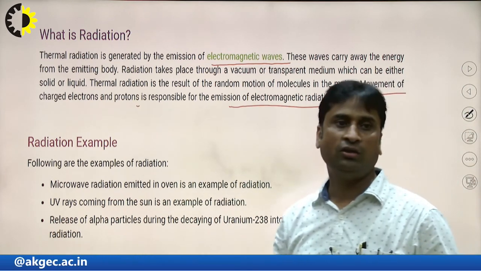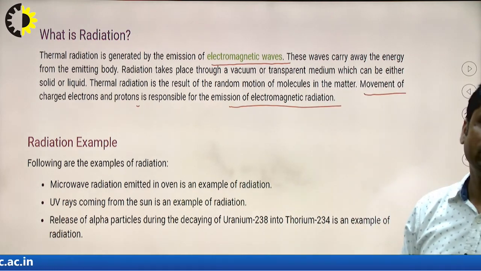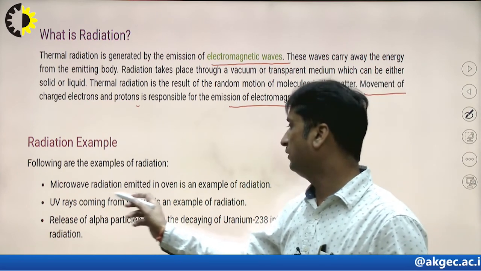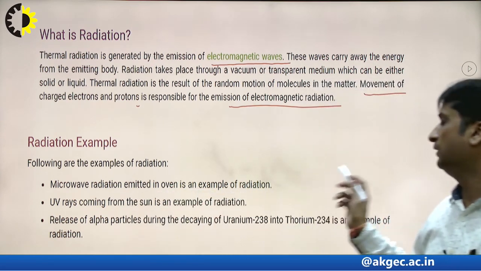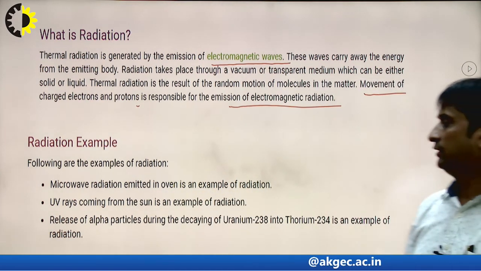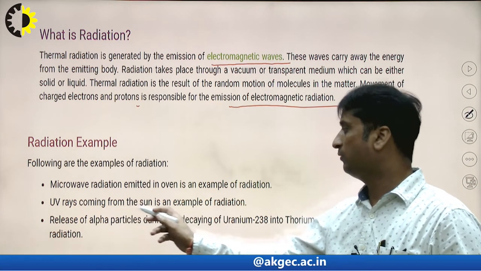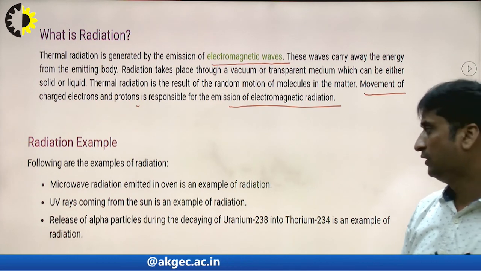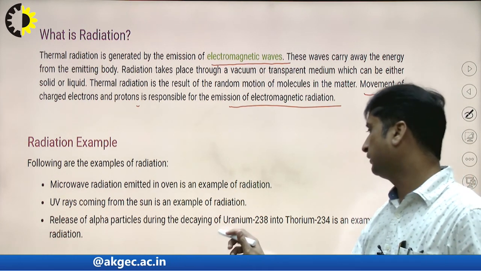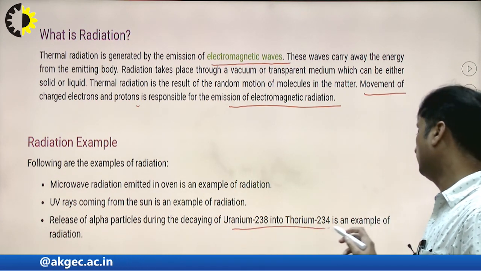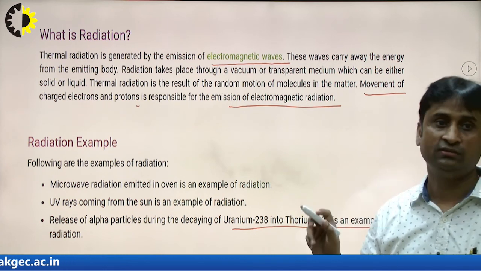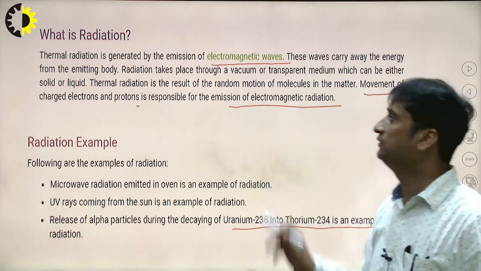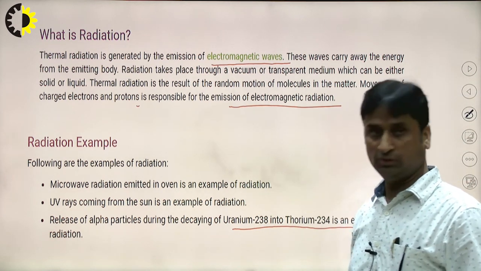Examples of this mode of heat transfer: microwave radiation emitted in an oven is an example of radiation. Another is the ultraviolet rays coming from the sun. The release of alpha particles during the decay of uranium-238 into thorium is also an example of radiation.